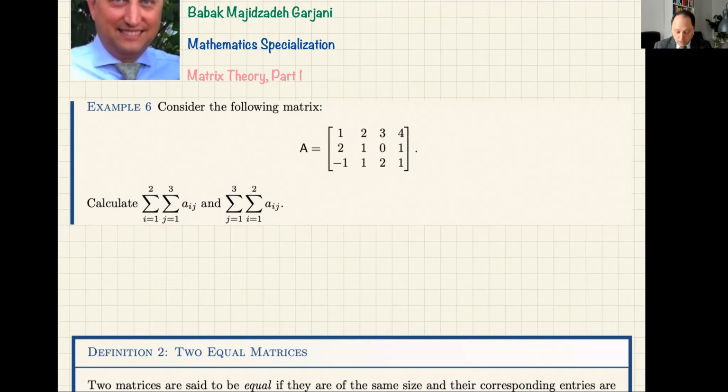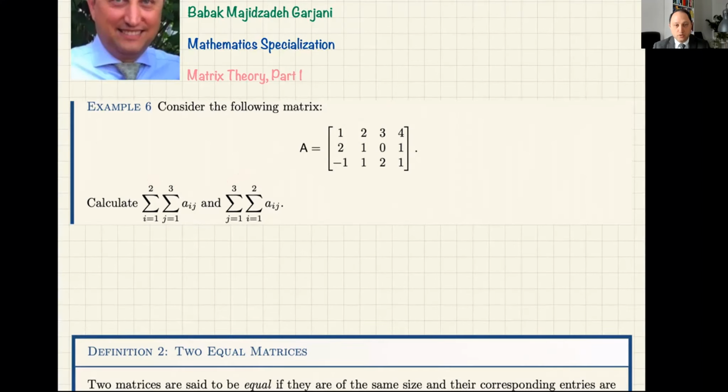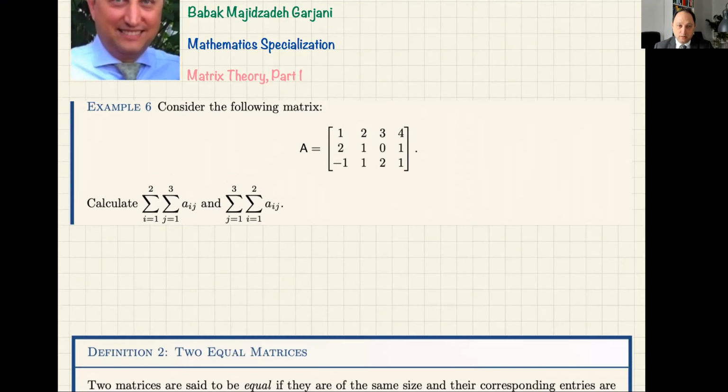Here you see I have written exactly the same thing. The only difference is that I have interchanged these two sigmas, and my goal is to show that this will not affect our calculation. The way we calculate is different, but finally we get the same answer.